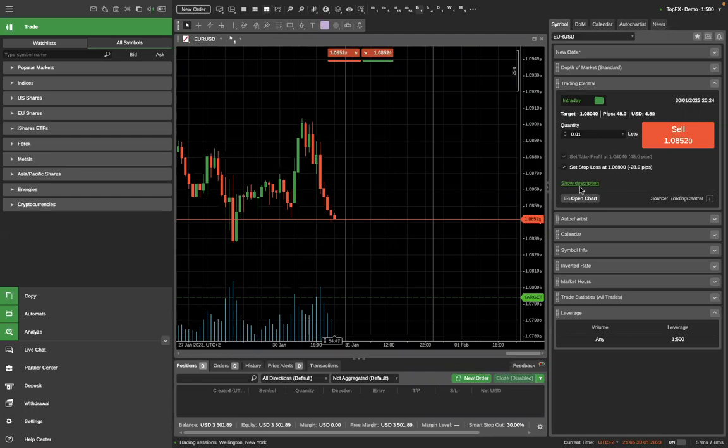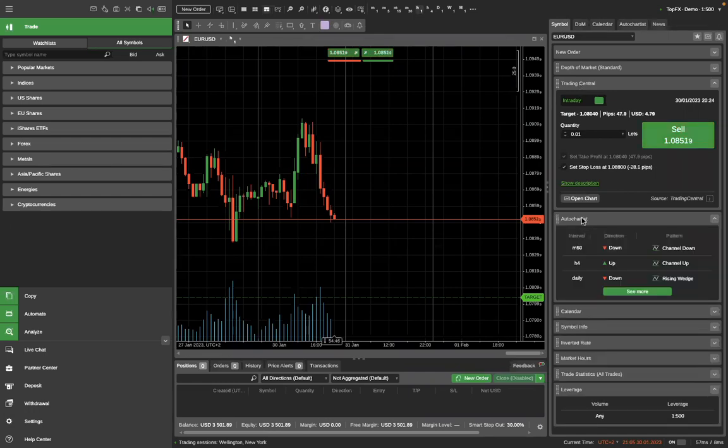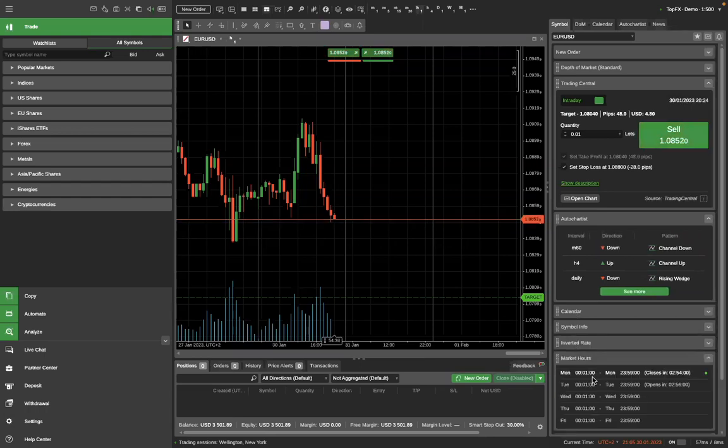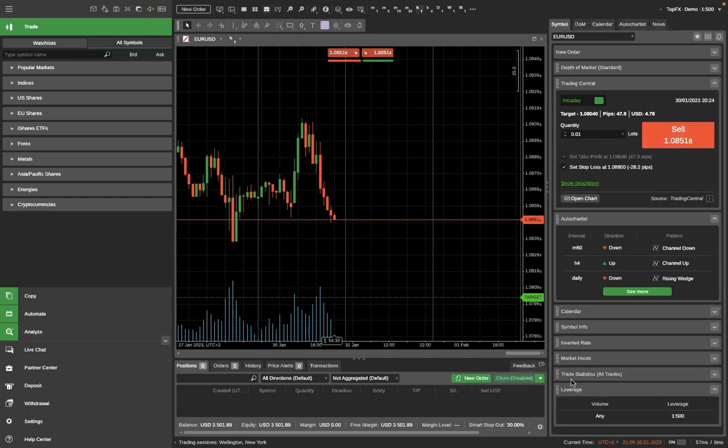We got auto charts, which we are going to take a look at as well, and the calendar. Today there is nothing on the calendar. We got the symbol info, inverted rate, and market hours. Right now the only market which is open is the US market. Then trade statistics for all the trades, and leverage. The leverage I'm using now is 1 to 500.